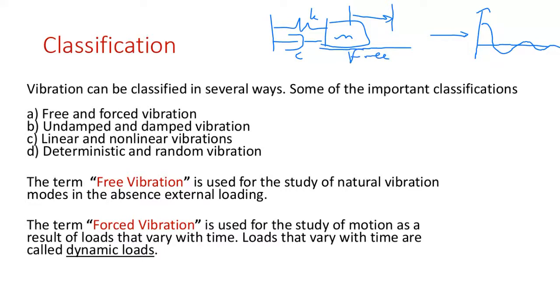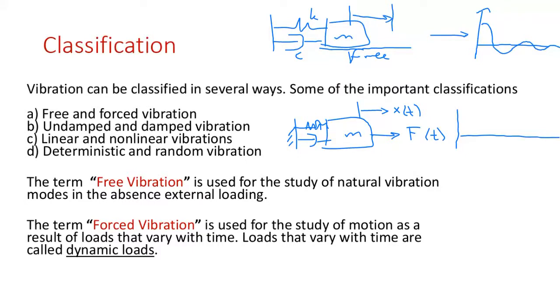Forced vibration is when you might have the same system, but you force it, F of t, and it causes a sustained oscillation, in which case the oscillation will be going on like this.